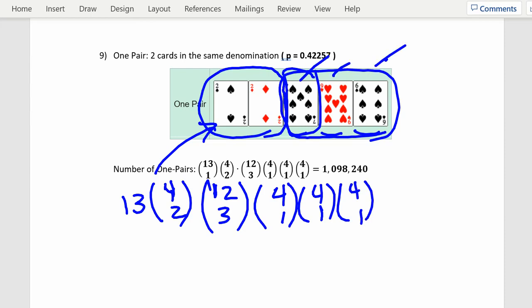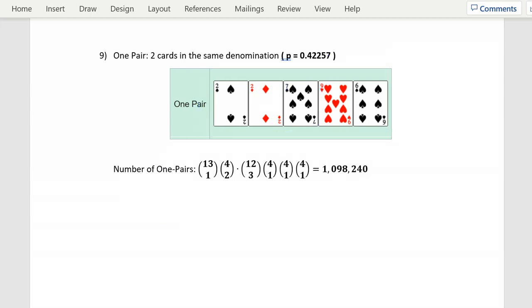Okay, and so that's how the remaining ones are selected for the pair. In all, there are 1,098,240 pairs. The probability of getting a pair is actually pretty high. It's about, again, 42%.